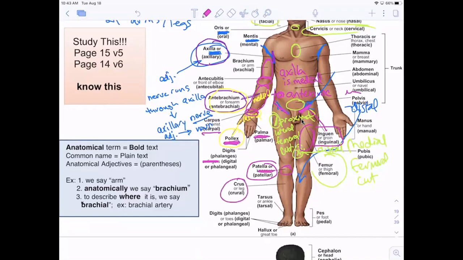Crus, this is the front of your lower leg. It's your crus or crural area. Your tarsus is your ankle. And pes is your foot. Hallux is your big toe. So pollex is your thumb, hallux is your big toe, but digits and phalanges work for your fingers 2 through 5 and your toes 2 through 5.